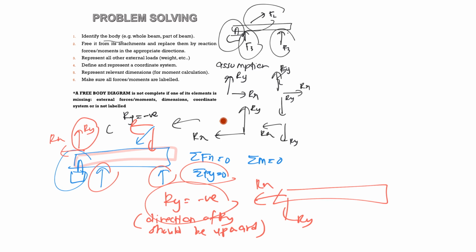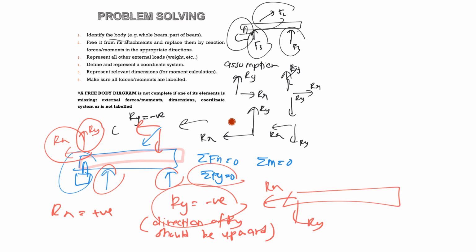Okay, so what if I get Rs positive? It means that my answer Rs is correct. If I assume the hinge Rs to the left is going to balance all the S component of the other forces, then it's going to be in equilibrium. So I repeat again: if you get Ry negative or Rs negative, negative means wrong. It doesn't mean left or downward.